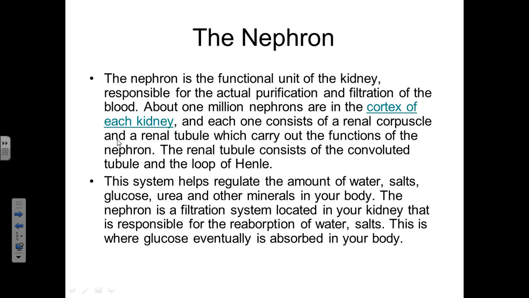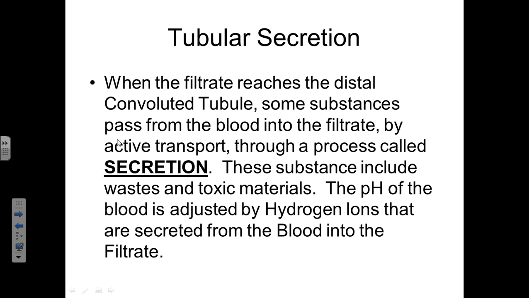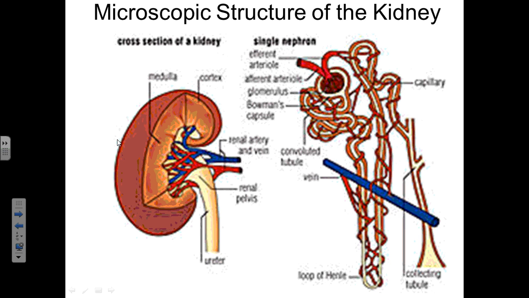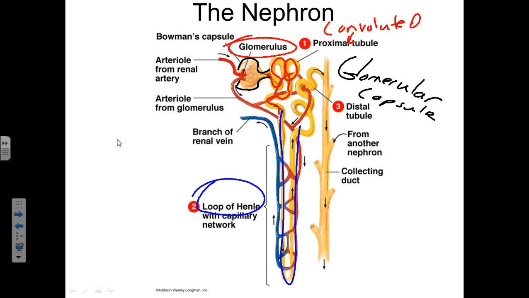The very last part of the urine formation here is called tubular secretion. And we'll come back to this slide in a second. Let's go back to the picture first. Most of the tubular secretion happens in this last part of the tube. And notice we got another curvy section here. And this curvy section of the tube is called the distal tubule, or the distal convoluted tubule.